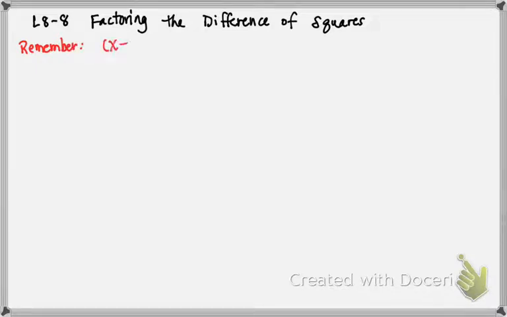Well, in the situation where I have two binomials, where the first terms and the second terms match, but the signs are different, one's a plus and one's a minus, when I multiply them out, I get 2x minus 2x and then minus 4, and then my middle terms end up canceling each other out.